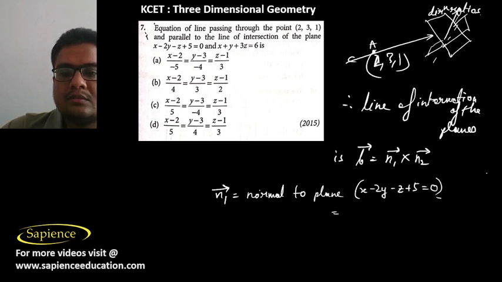So that is nothing but i cap minus 2j cap minus k cap, and n2 vector is the normal vector to the second plane.